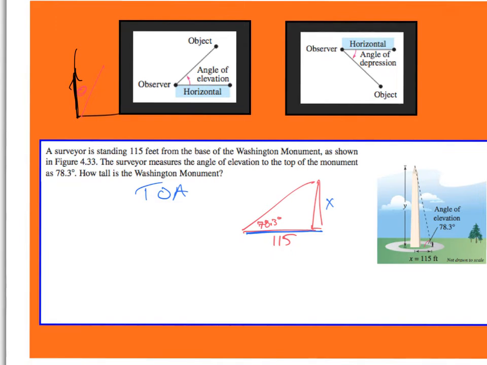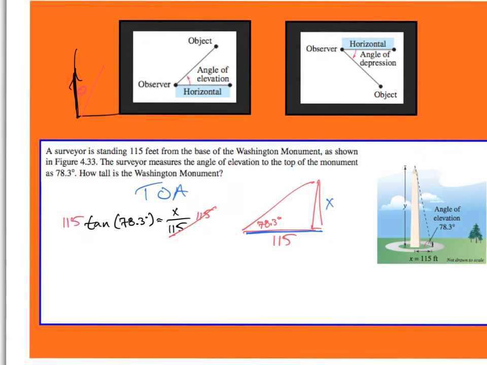All right. So the way we do it is we're going to use tangent of 78.3 degrees is equal to my opposite of x over my adjacent of 115. Well, how do I start solving for x? I multiply by 115. So when I multiply by 115 on both sides, I end up getting x is equal to 115 tangent of 78.3 degrees.